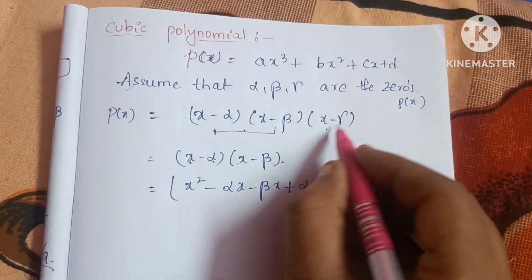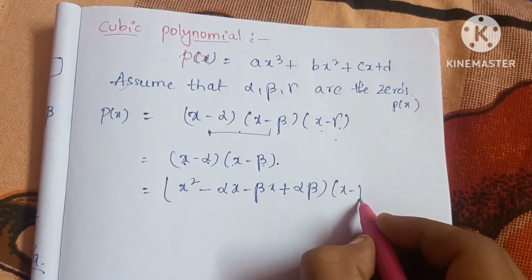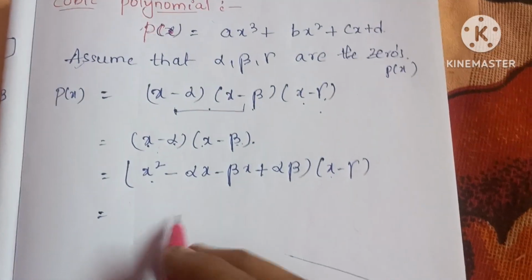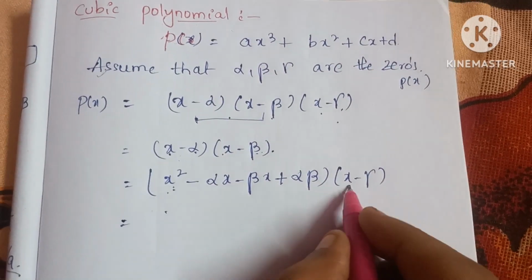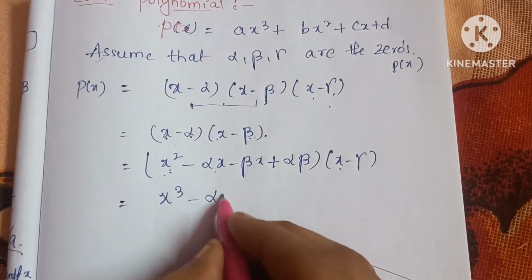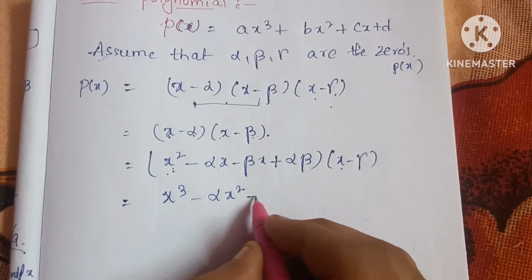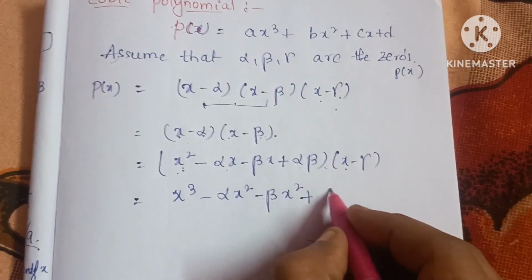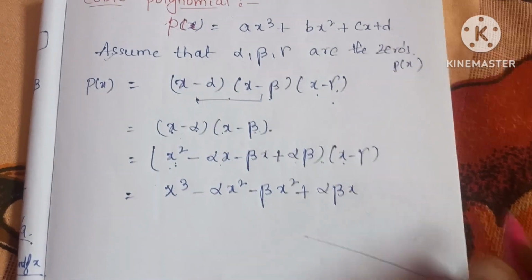Next, another one, x minus gamma. Both are multiplied. Now x into x square: x cube minus alpha x square minus beta x square plus alpha beta x.